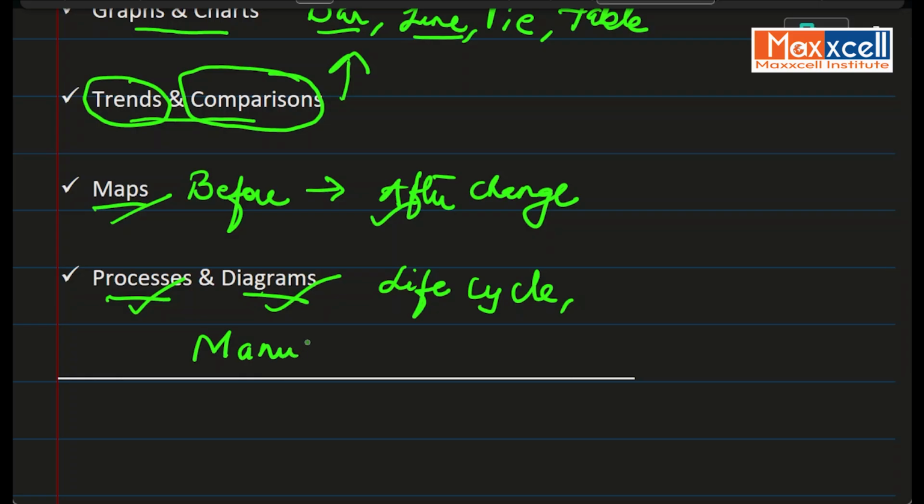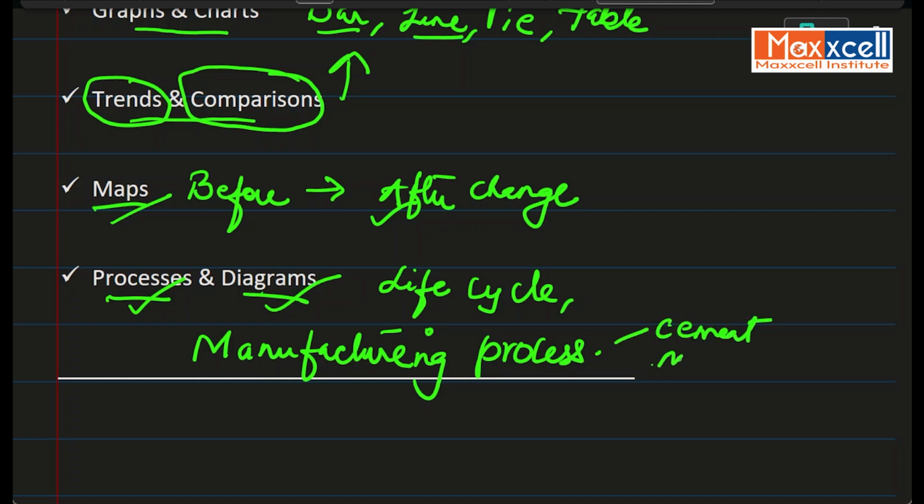So another one which can appear is a manufacturing process. Okay, so manufacturing process of milk or cheese, so it can be in relation to that, or the cement. So इसके examples हैं cement or milk. Okay, which is the cheese manufacturing process out of milk. So ये भी आ सकता है.